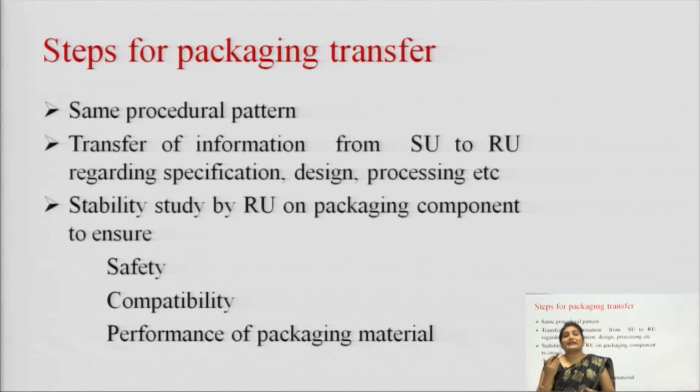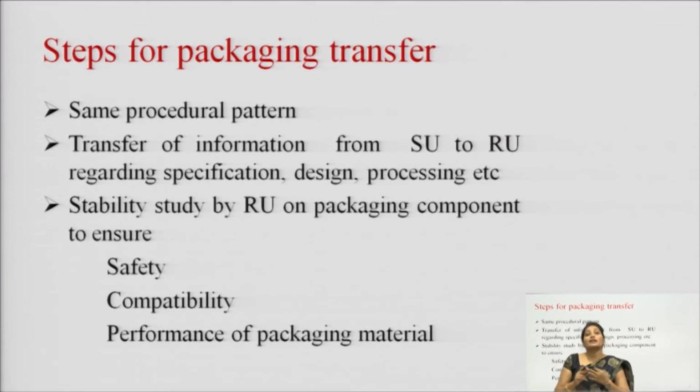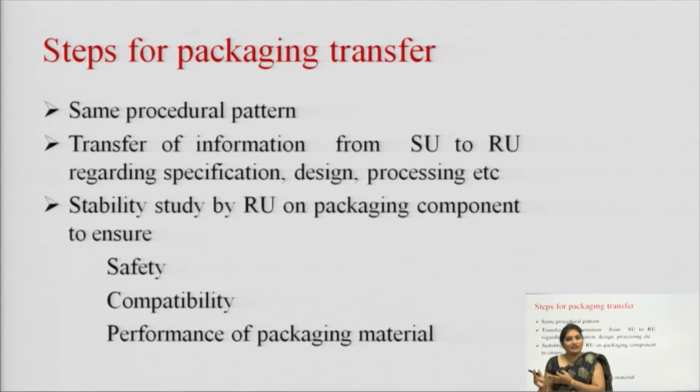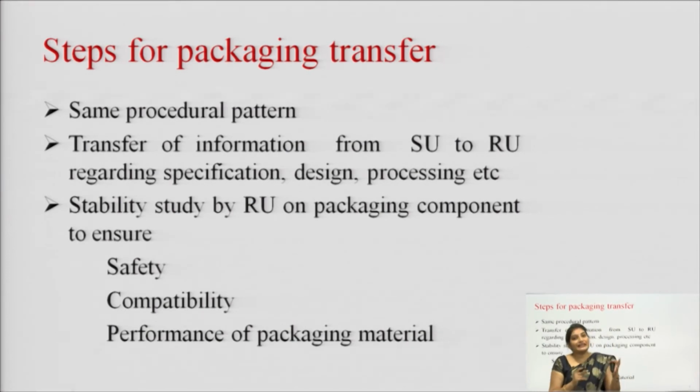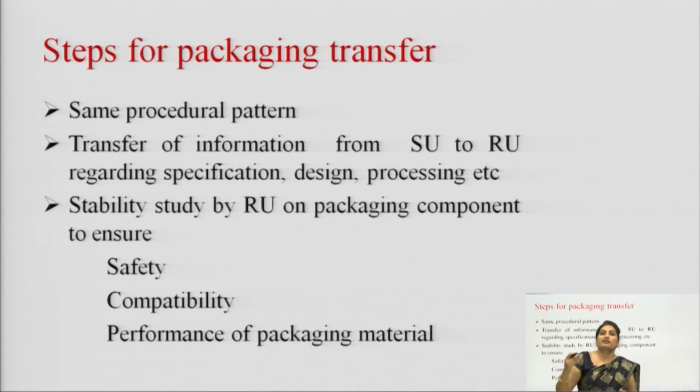And for the packaging transfer we have to follow the same procedural pattern. As we have transferred the information related to the process from the sending unit to the receiving unit, likewise we have to transfer the information related to the packaging, means the same pattern should be followed for the transfer of packaging.